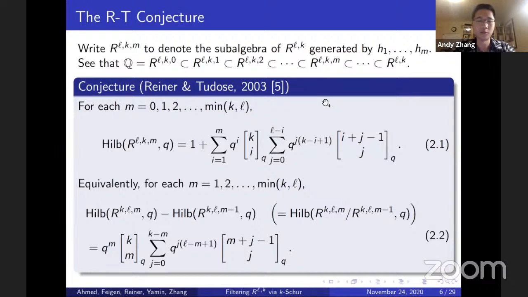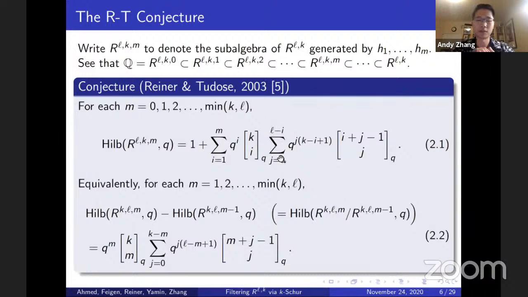So Reiner and Tudose in 2003 came up with a conjecture stating what the Hilbert series of the m-th subalgebra is. It involves these complicated q-binomial coefficients with double sums.